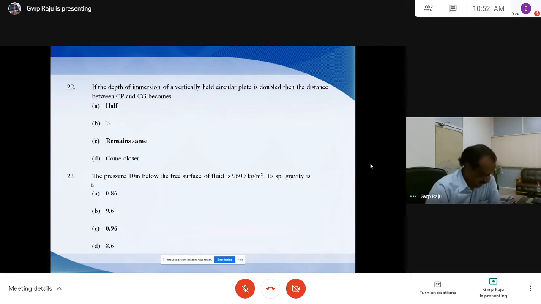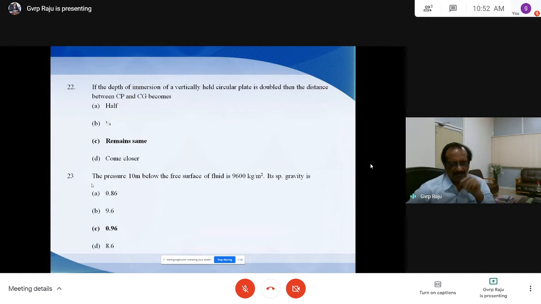The other one: the pressure 10 meters below the free surface of the liquid is 9600 kg per meter square. He has not given the specific gravity, but he has mentioned 9600 kg per meter square is the pressure.